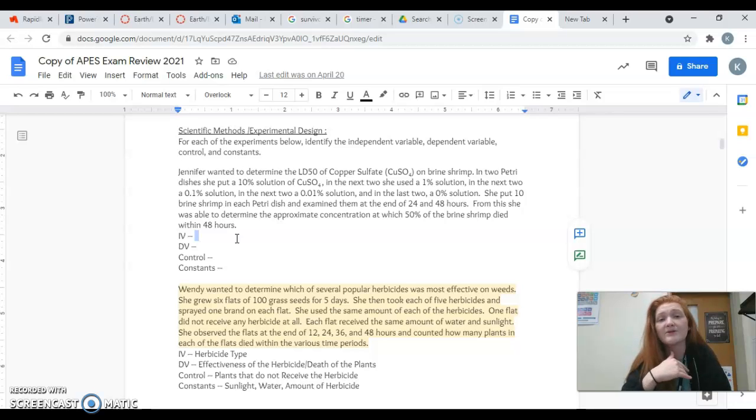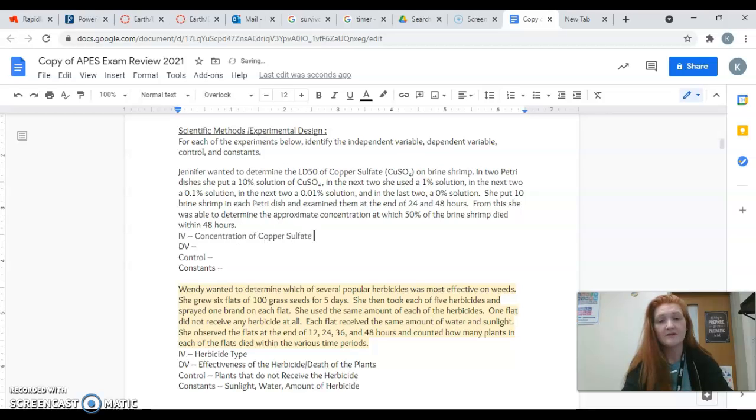Okay, she's trying to see how the brine shrimp react to the concentration of copper sulfate. So our independent variable, the thing that Jennifer is manipulating, is going to be the concentration of copper sulfate.